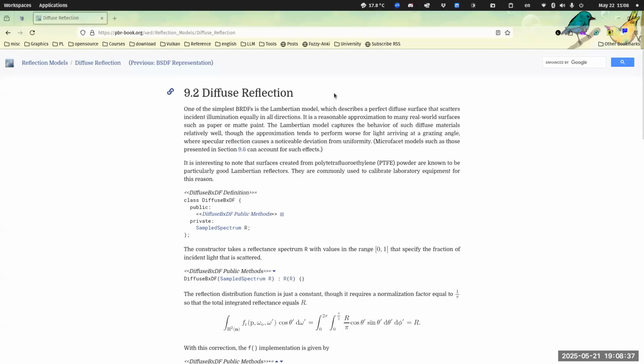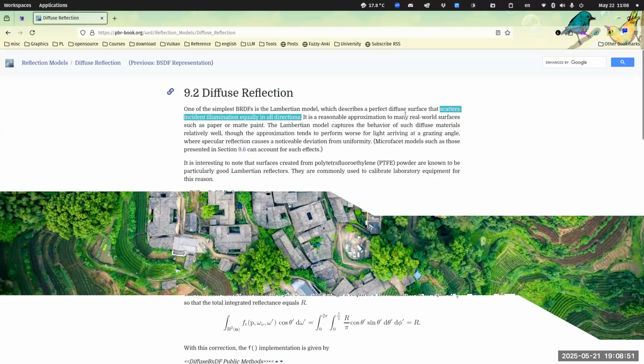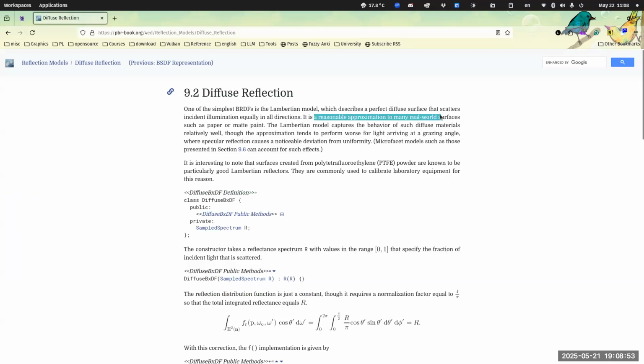One of the simplest BRDFs is the Lambertian model, which is a perfect diffuse surface that scatters incident illumination equally in all directions. It's a reasonable approximation for many real-world surfaces, such as paper or matte paint.